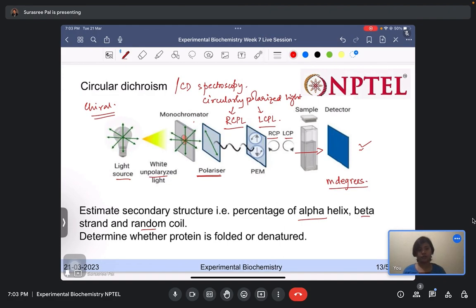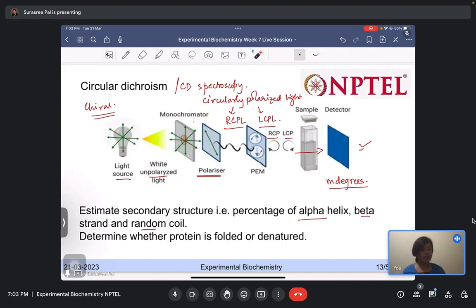That is why these particular secondary structures, like the alpha helix, the beta sheet or the random coil, show peaks at different wavelengths of UV light.